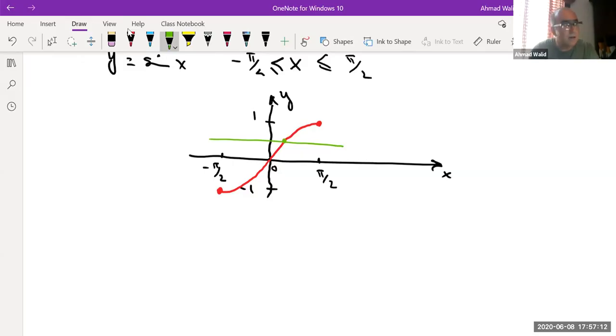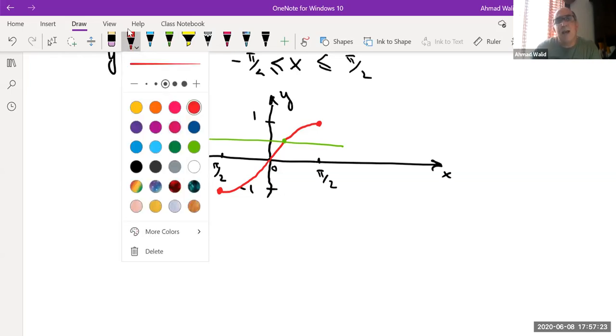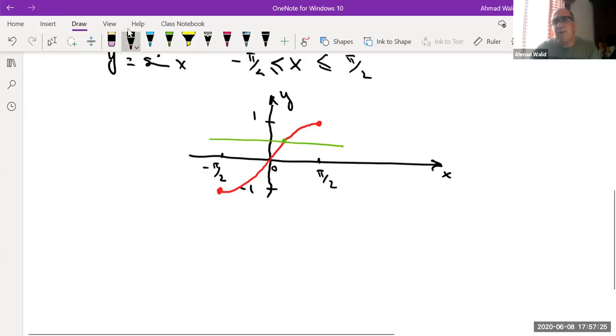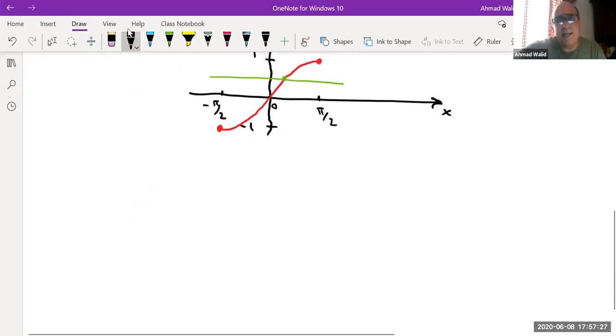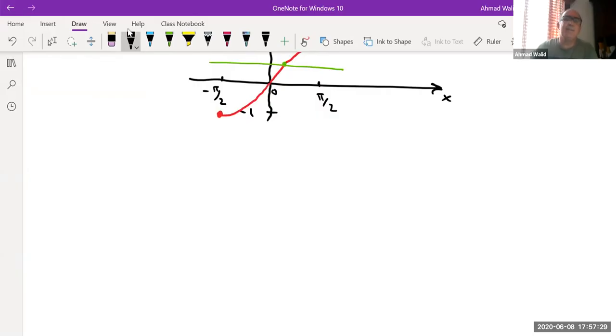It means trigonometric functions, if you restrict their domain, become one-to-one functions. And you learned at the beginning of the semester, in 6.1, that any one-to-one function has an inverse, correct?